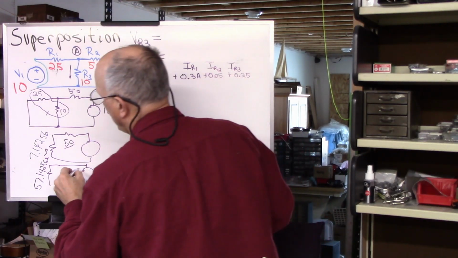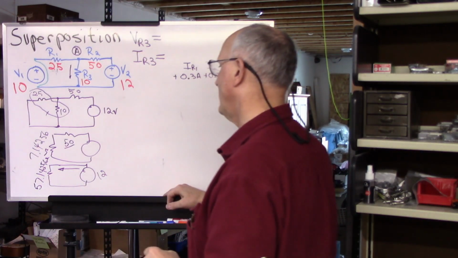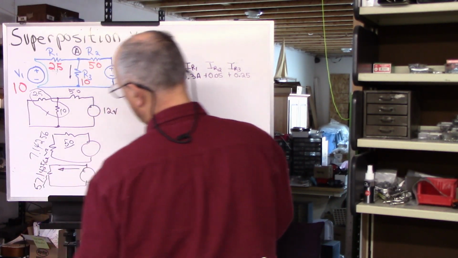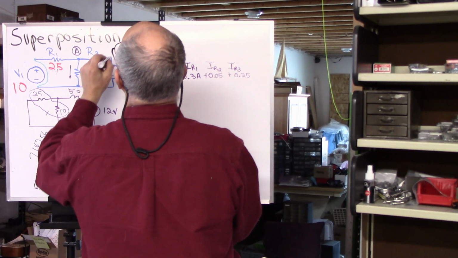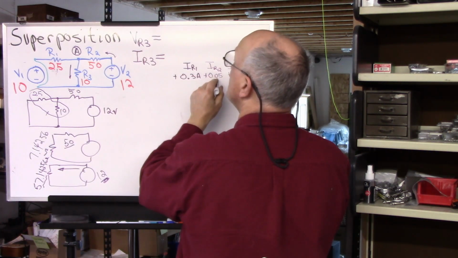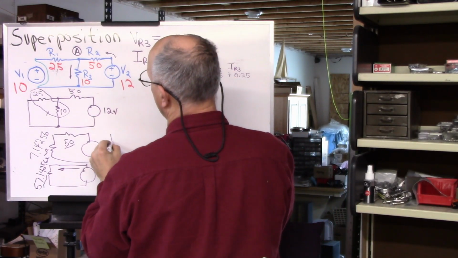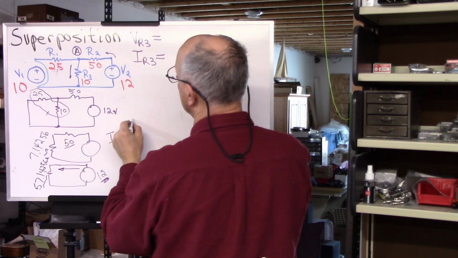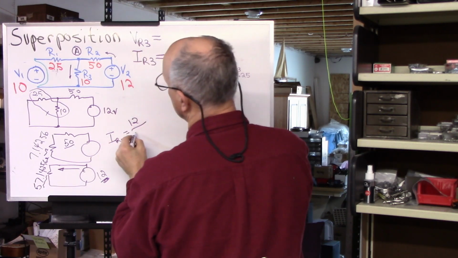So now we can calculate the current going this way, which is this voltage divided by this. So that's this current here, IR2, is equal to this voltage divided by this.